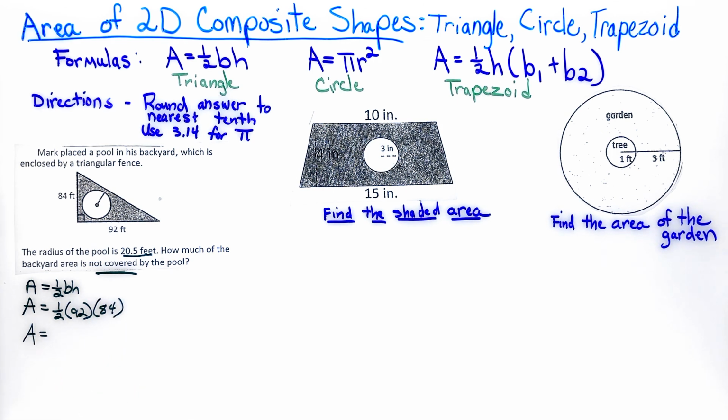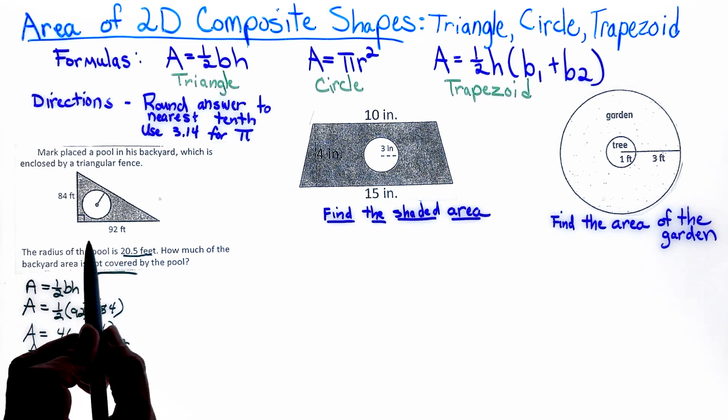Well, with order of operations, we're going to do 1/2 of 92 is 46, and we're going to times that by 84. So our area for the triangle is 3,864, and that is feet squared.